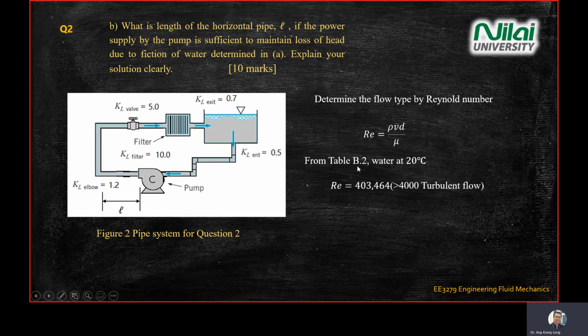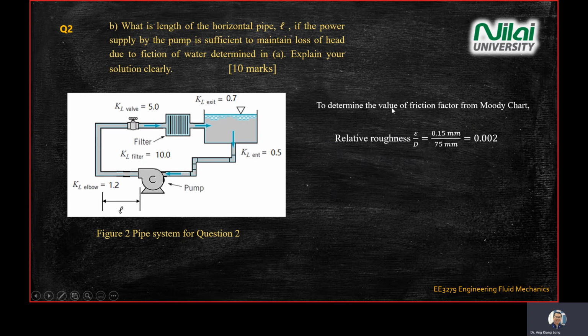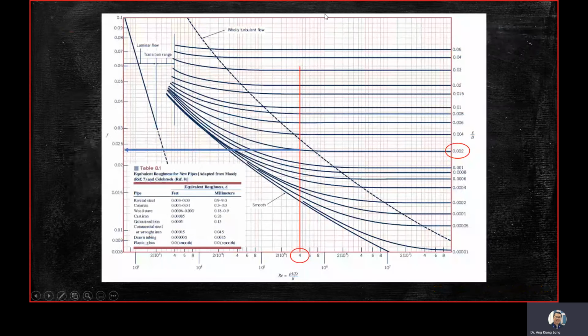You need to refer to table B.2 for water at 20 degrees C, and your Reynolds number will be more than 4,000. You will be in turbulent flow, and you need to use the Moody chart to find the friction factor. This one you can calculate using the roughness for the material given. Then from the chart, you'll find your friction factor equal to 0.235.